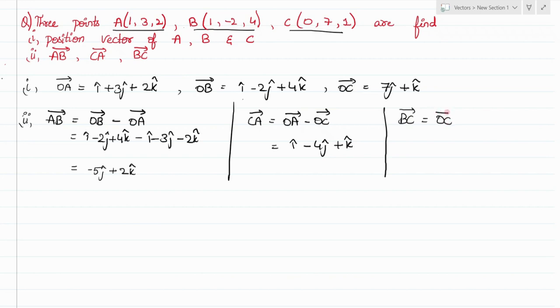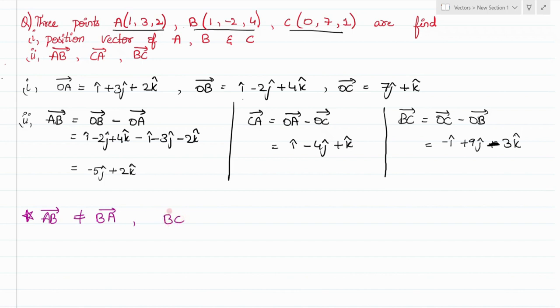BC is nothing but OC minus OB, which gives you minus i cap, 7 plus 2 plus 9j cap, minus 3k.